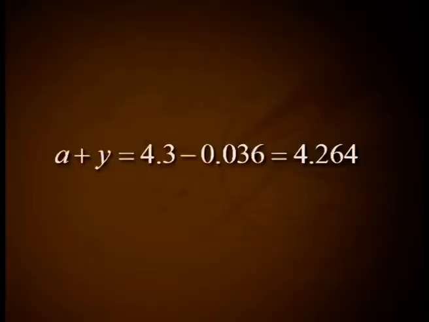Hence, a better approximation to the root is given by a + y = 4.3 - 0.036 = 4.264. The process can be continued, but we stop in 2 steps and accept 4.264 as an approximate root.